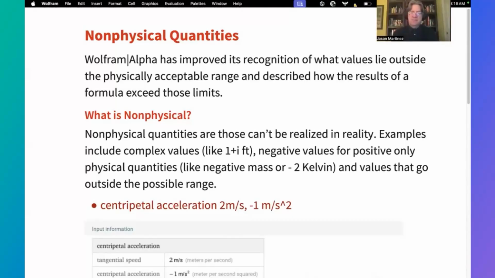So this might be simple things like complex values, or a place where you have a negative value, but the physical quantity that we're discussing can't be negative, like a negative radius or a negative mass, or values that go outside of what is possible, which we'll look at an example in a moment.